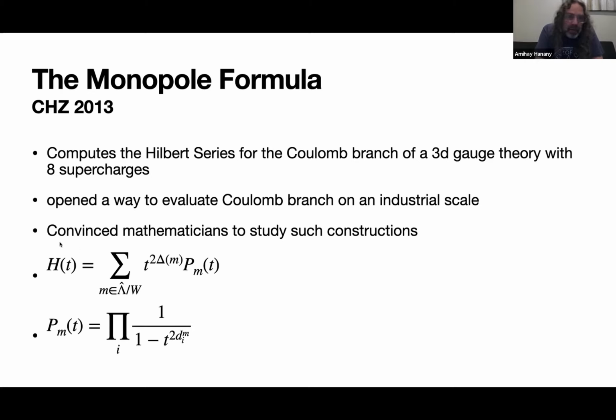And I think very crucially, this monopole formula convinced mathematicians to study such constructions. And now we have a very nice way to prove theorems and to get new windows for understanding such singularities.